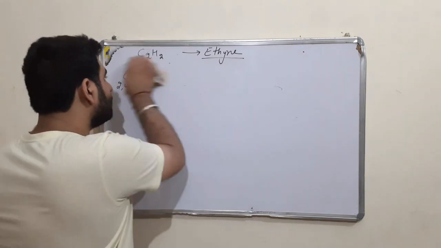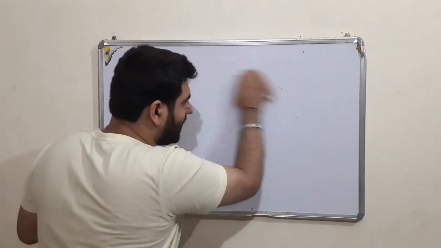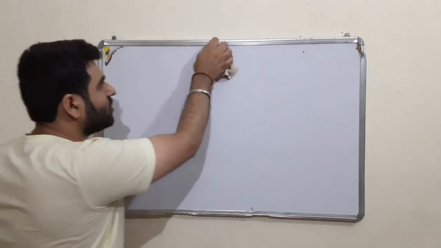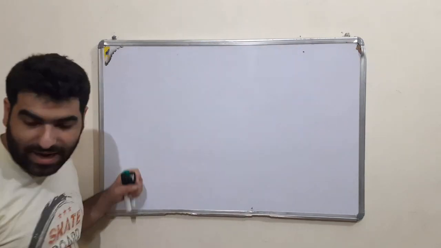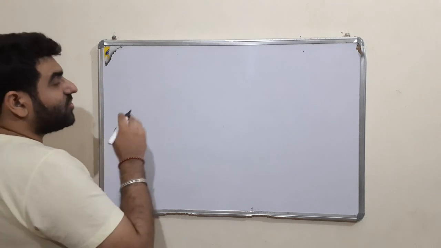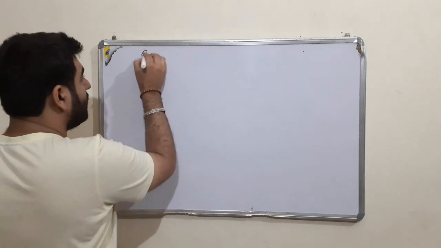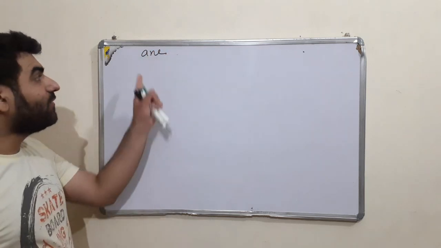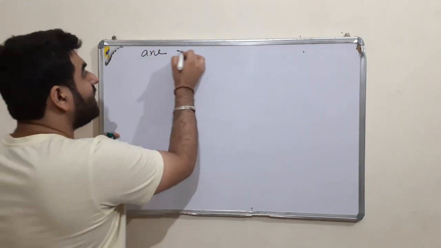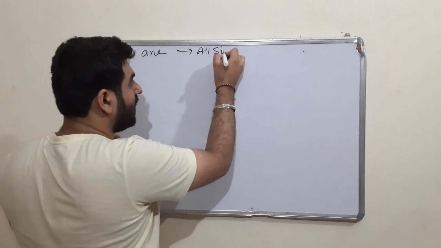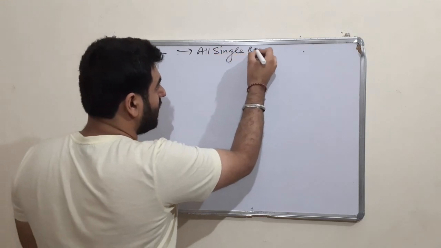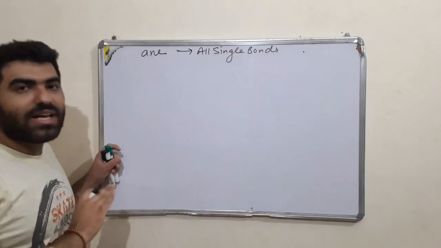Alright. So now there is one method by which you can draw the structures very fast, and that is, just look at the last 3 letters. If those are ANE, then all single bonds between carbon and carbon.